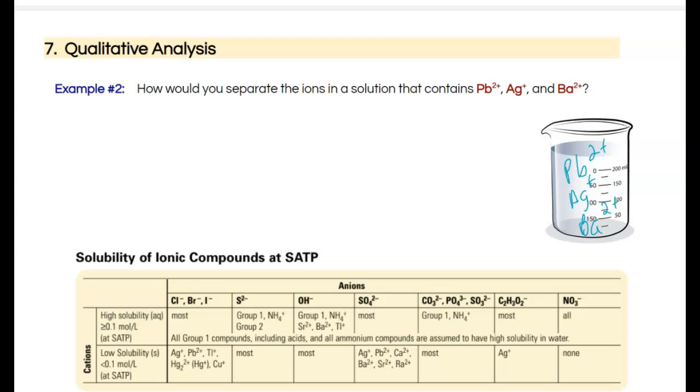Maybe I used the nitrates of each of these, because nitrates are always soluble and they're floating around in solution. But I accidentally put them together, and I really should have put them in separate containers. So what kind of strategy can I use? How can I use the solubility chart to help me separate these ions? So what I want you to do is pause the video and give this a try and see if you can come up with a solution.